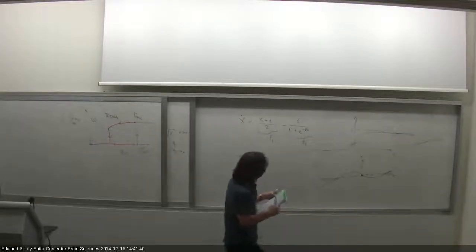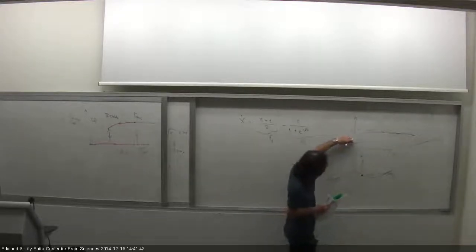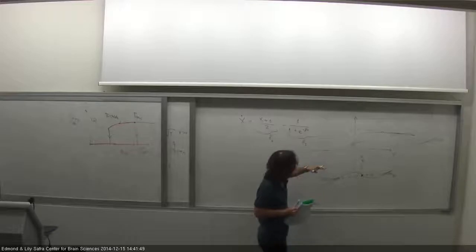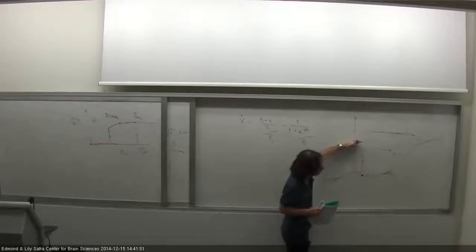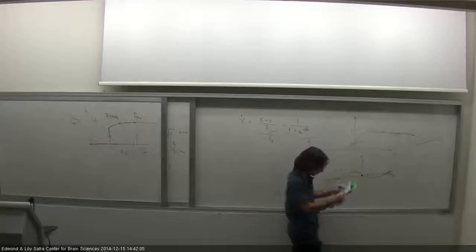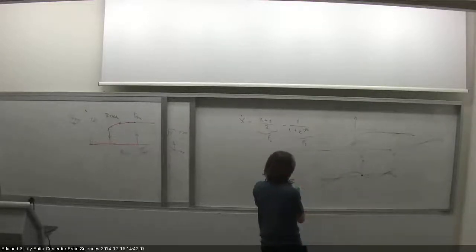Okay? So the transition occurs when the slopes here are equal, right? If the slope of the sigmoid is equal to the slope of the line, or smaller than it, then I only have one intersection. If the slope of the sigmoid is higher than the slope of the line, I have two intersections. So what is the slope of the sigmoid at 0?